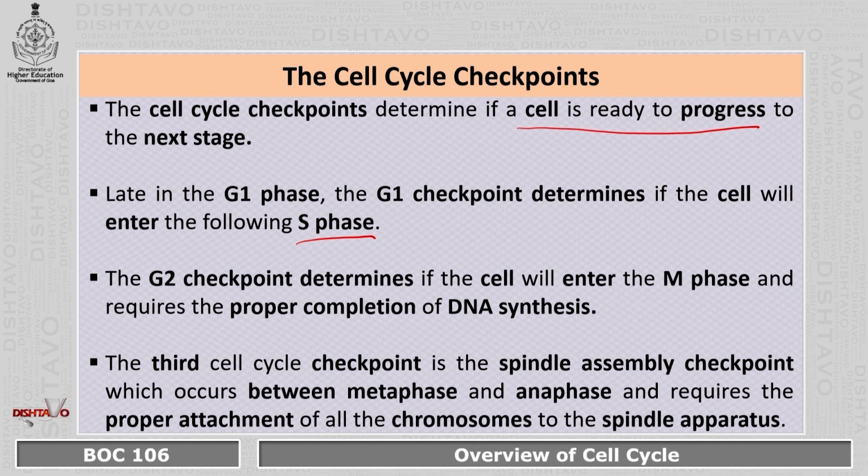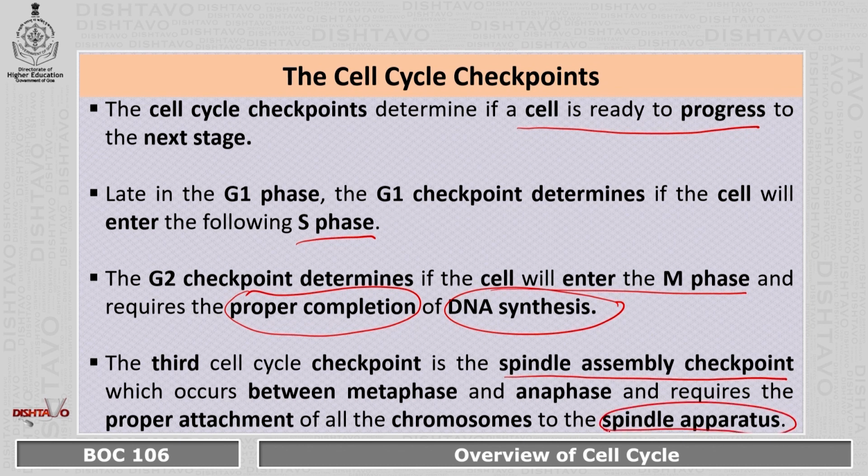The G2 checkpoint determines if the cell will enter the M phase and requires the proper completion of DNA synthesis. The third cell cycle checkpoint is the spindle assembly checkpoint, which occurs between metaphase and anaphase and requires the proper attachment of all the chromosomes to the spindle apparatus.